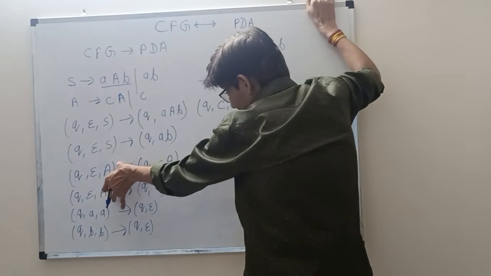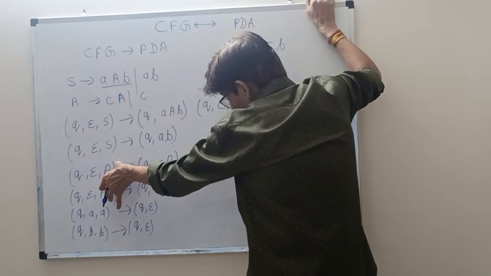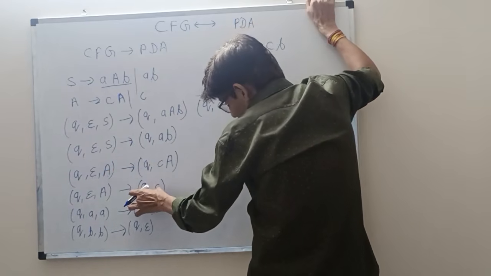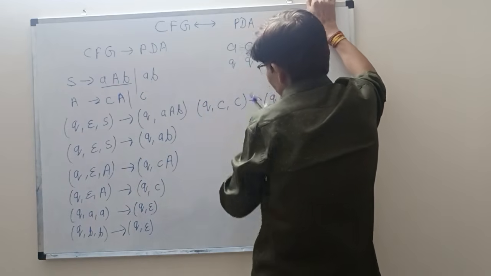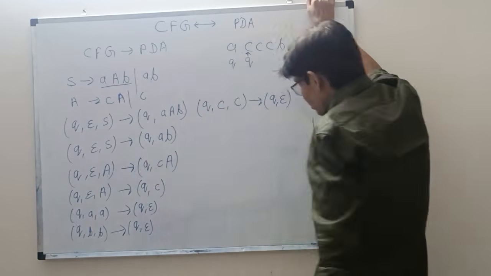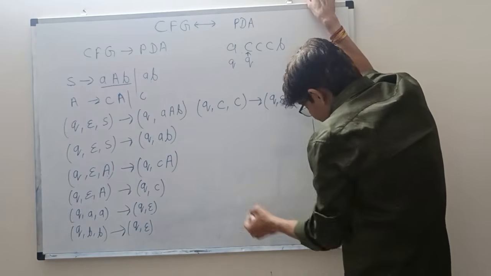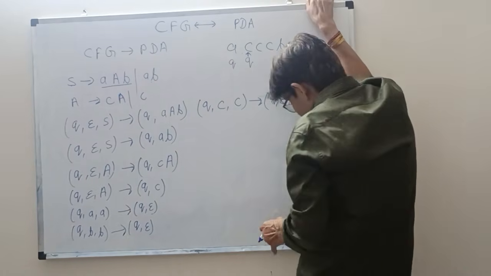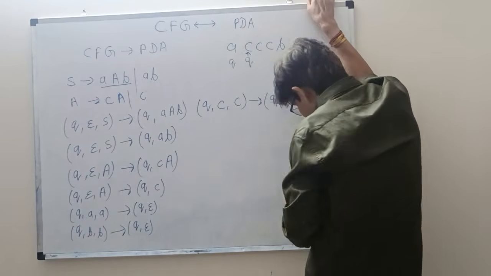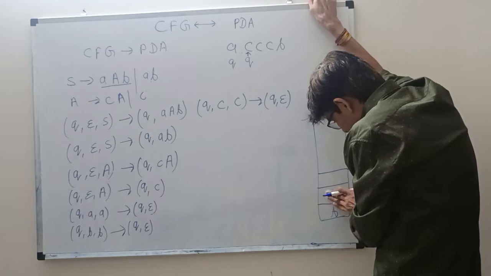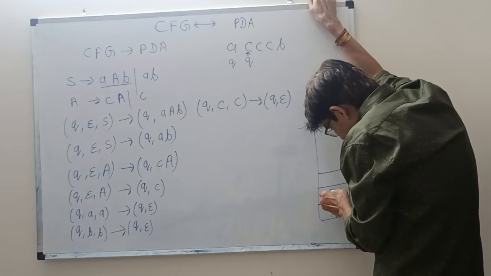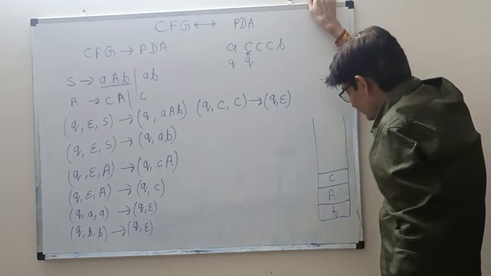This is basically an NPDA. With this choice, I cannot generate the string, but with this choice, I can generate the string. So I will use this choice. I can remove this A first, and then I will push this string into the stack in reverse order. So I can push A, then I can push c.